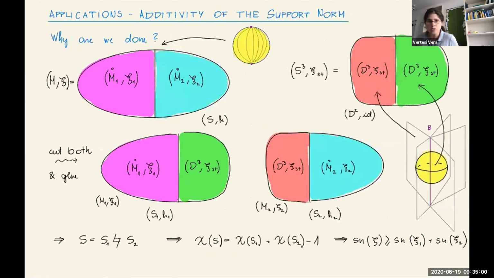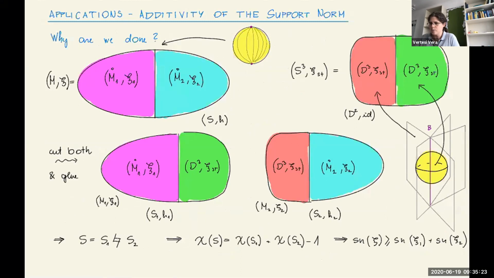Let's just see how this construction goes as a cut and paste technique. Here is your S2, which happens to have this foliation on it, and here is your S3 with the standard open book, and inside of it there is another S2 with the exact same foliation.